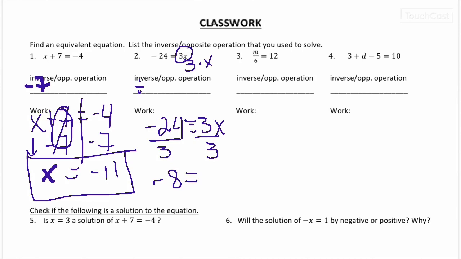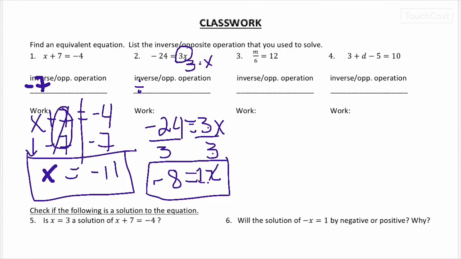A negative divided by a positive is a negative. Now on this side, 3 divided by 3 is 1x. Now I can put the 1 there, or I can not put the 1. So I'm going to just leave it as x. Okay, I'll put the 1x. It doesn't matter, either way. And that's my answer.